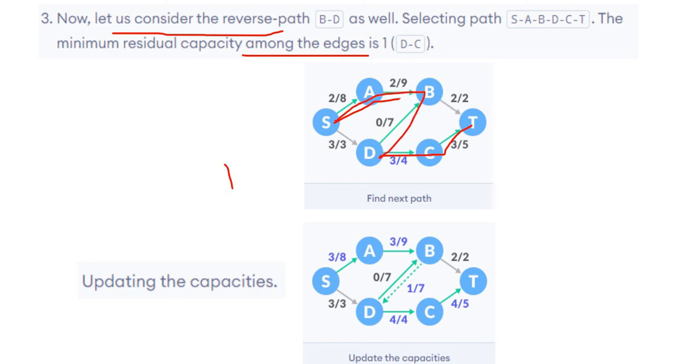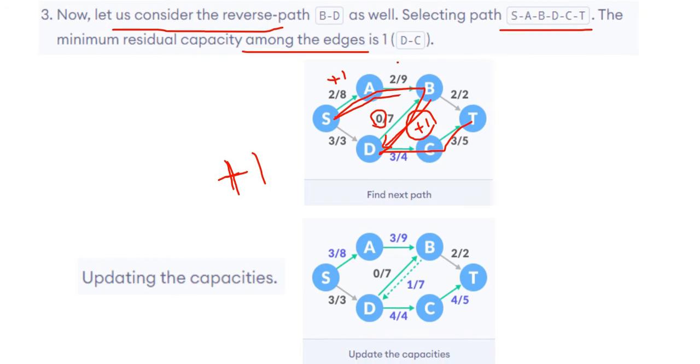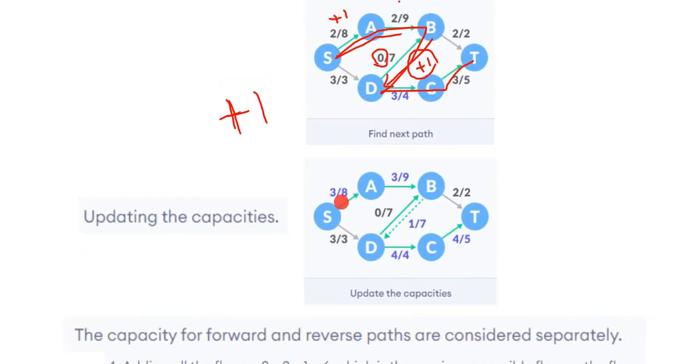The reverse is considered as an extra plus 1 path. Therefore, the minimum capacity will be 1, which we add to all the other edges traversing in SABT.